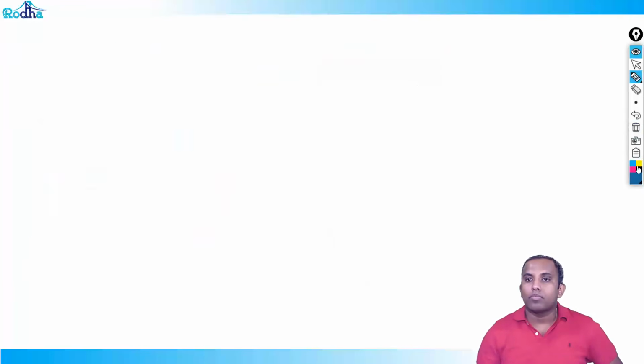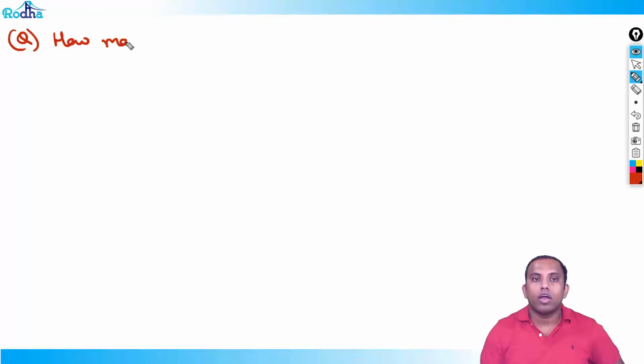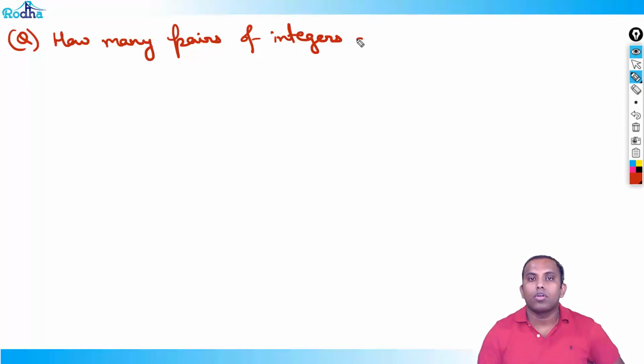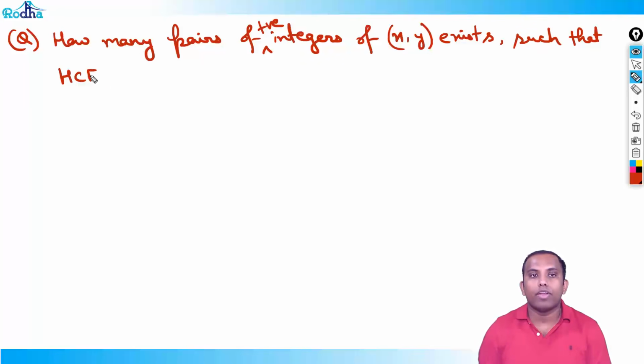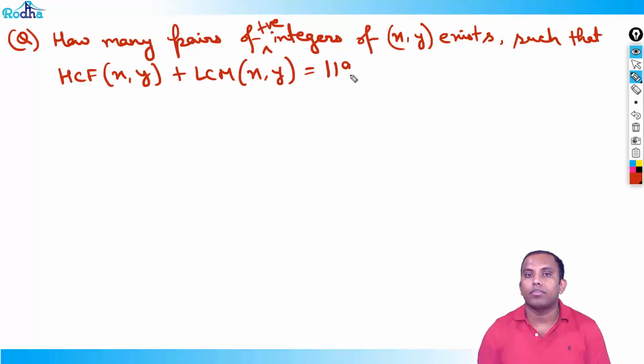Let's discuss one important concept here. I'll add one more question here, and we'll discuss this question. Very important question now. How many pairs of positive integers x, y exist such that HCF of x, y plus LCM of x, y is equal to 119?